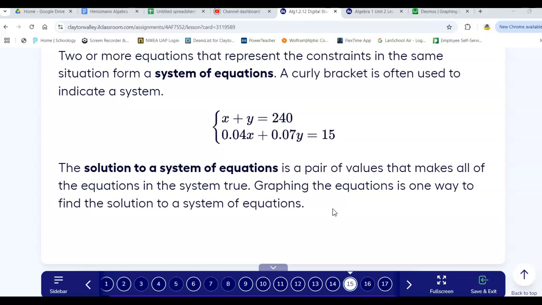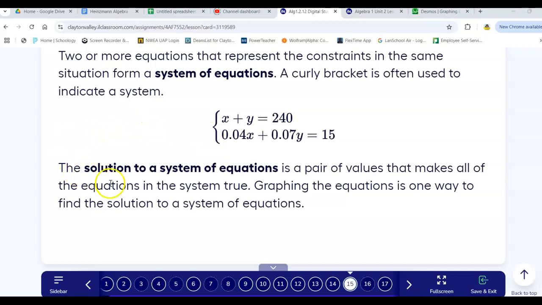And then here's the conclusion. 2 or more equations that represent the constraints in the same situation form a system of equations, and they're often grouped together with a curly bracket.